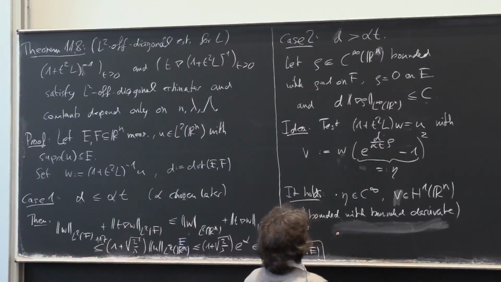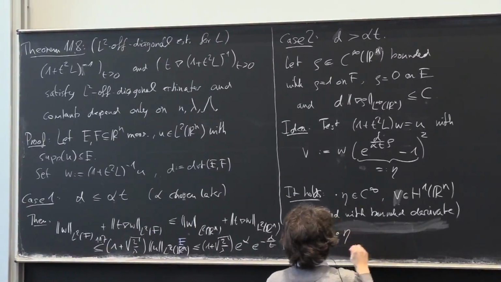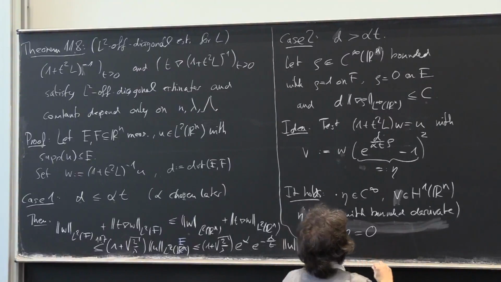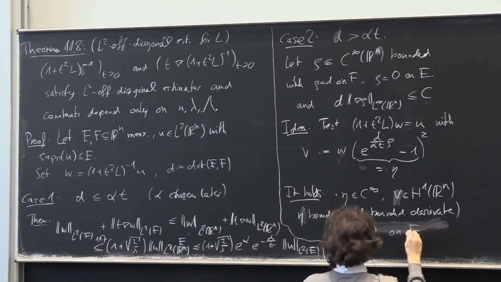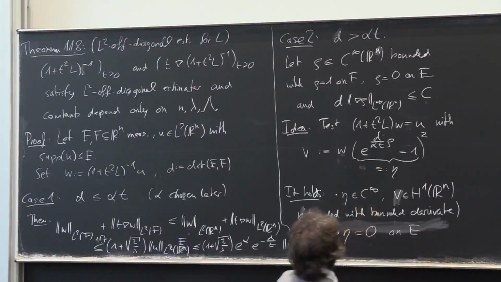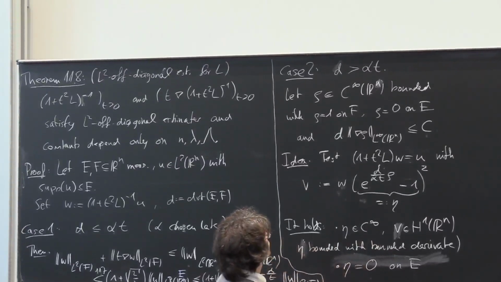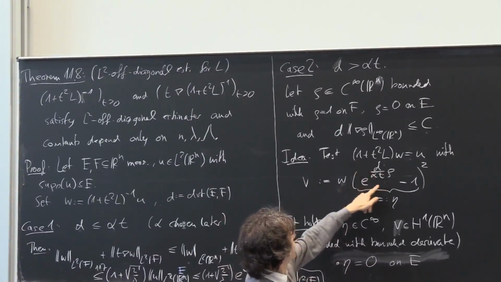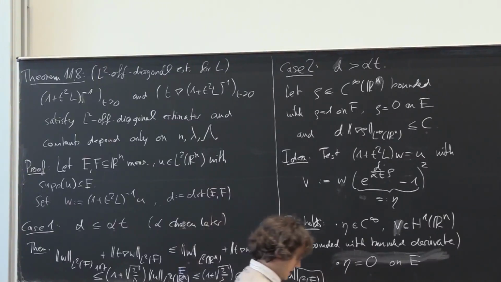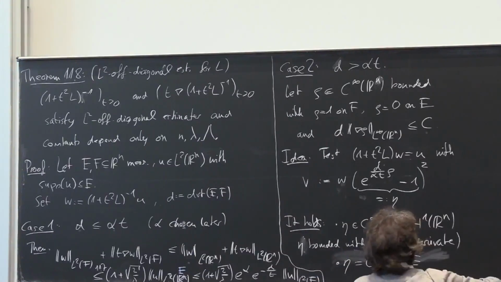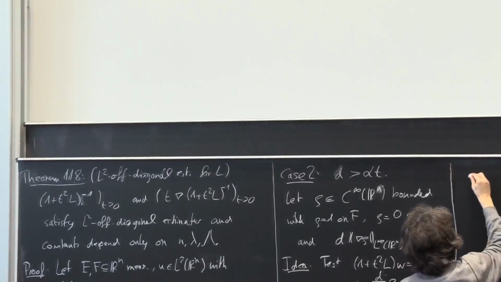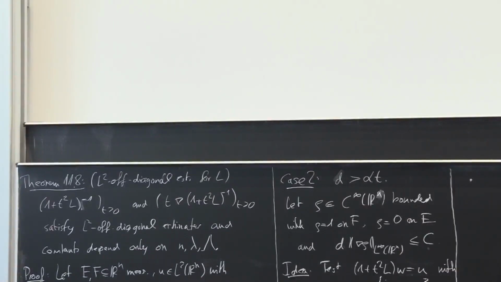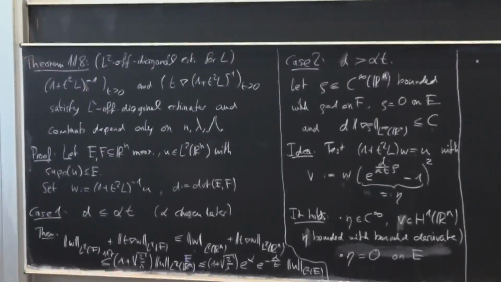Then next thing, as I already told you, eta is 0 on E. Why? Because on E the rho is 0, so this is 1. You have 1 minus 1. And on F, it's evidently non-zero, but we can estimate how large the contribution on F is.